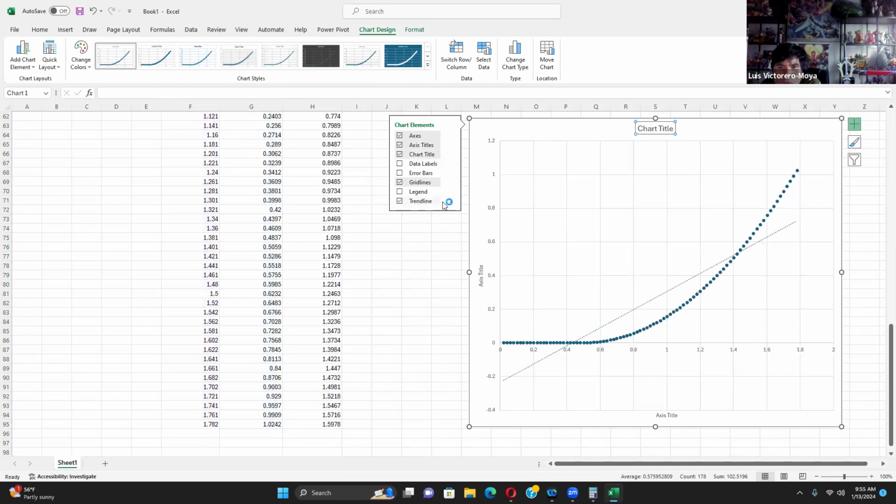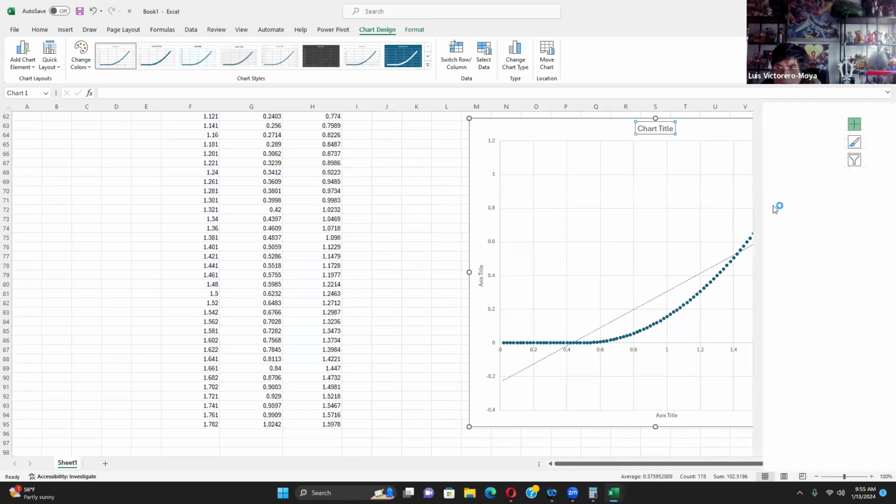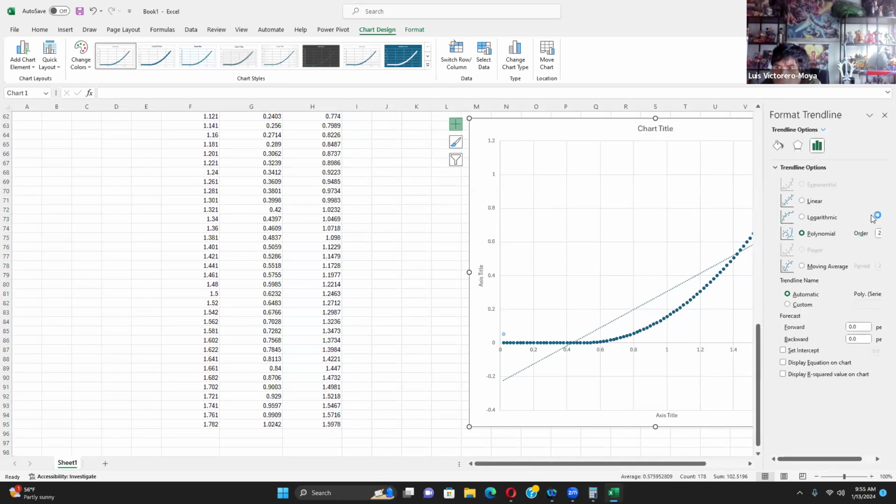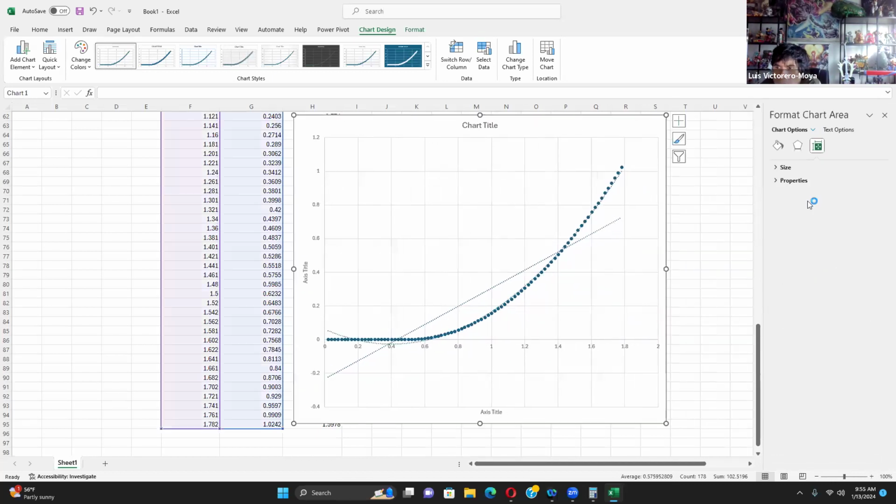And then you may want to use, not a line, but you want to use like a polynomial. Let me see what happened here.